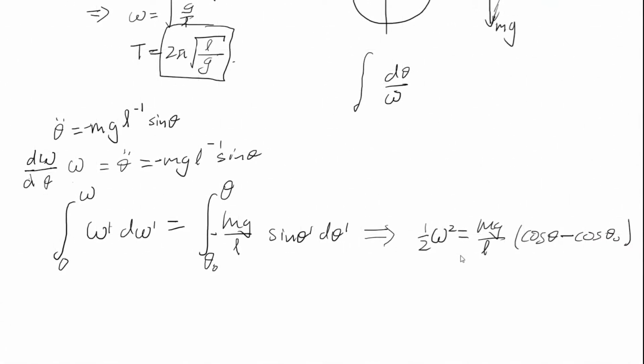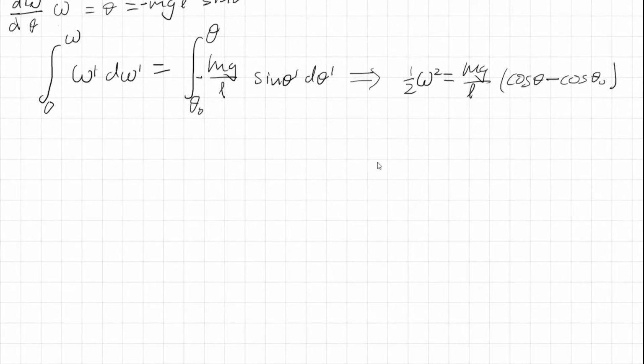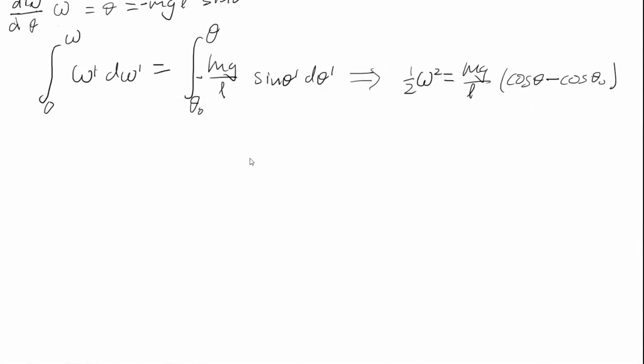So now that we know omega is a function of theta, we can get this integral here. So let's write that down. And that integral was for the period, right? Since we're doing d theta and dividing by omega, this gives you dt, the small time.